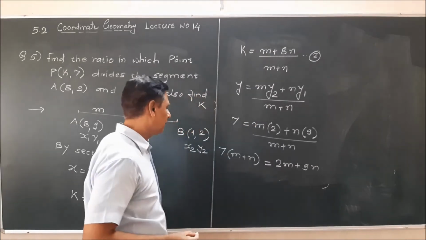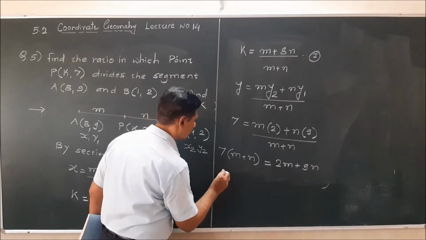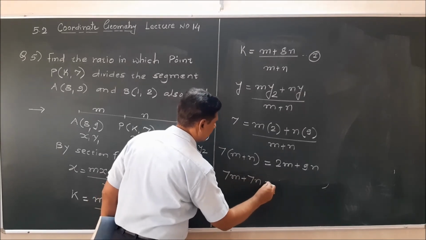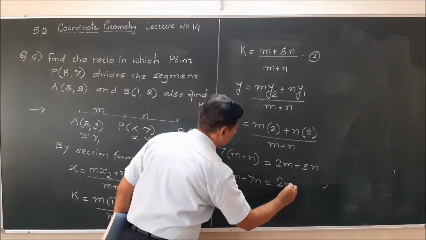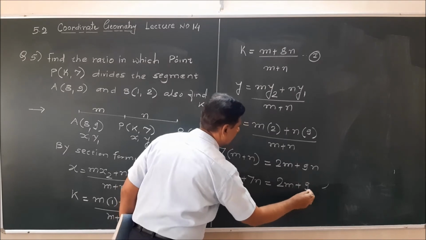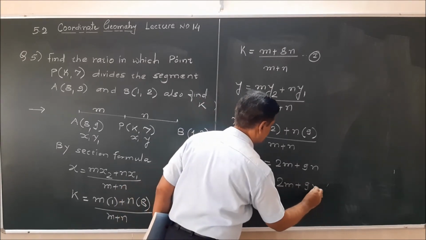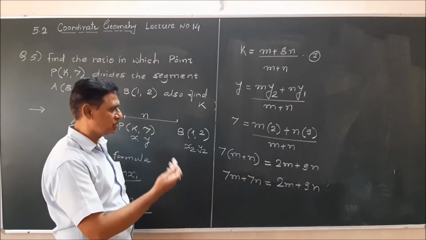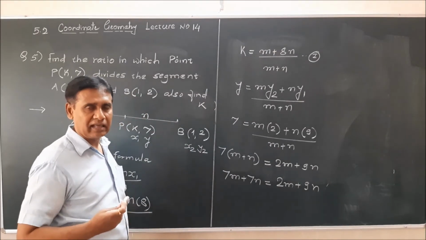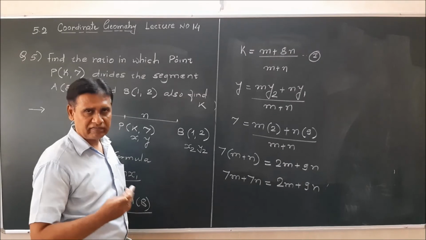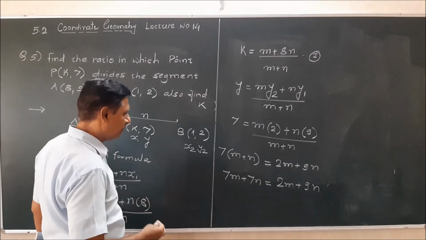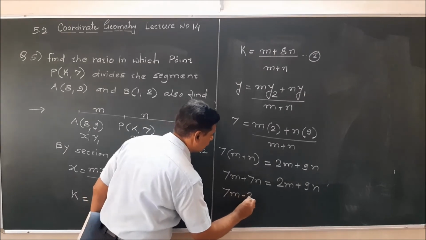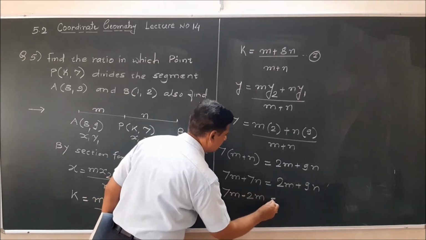If I open this bracket, 7m plus 7n is equal to 2m plus 9n. I'm going to find out the value of m upon n. So 7m minus 2m, I transfer 2m to the left hand side.